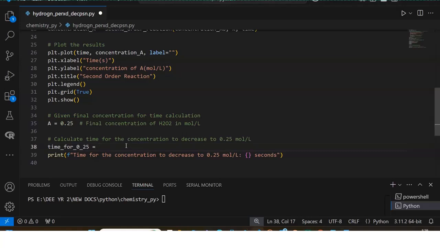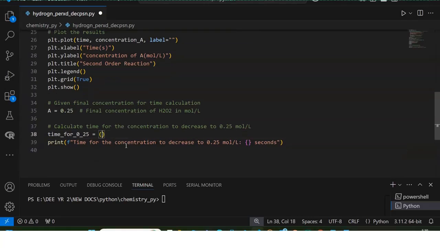So let's write that. We are going to say the time for that is going to be, we create a bracket, 1 divided by the other expression.